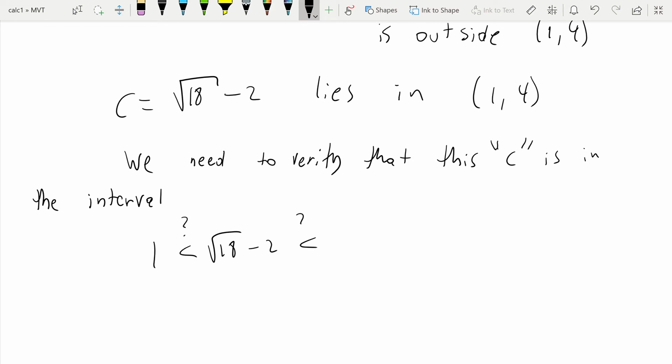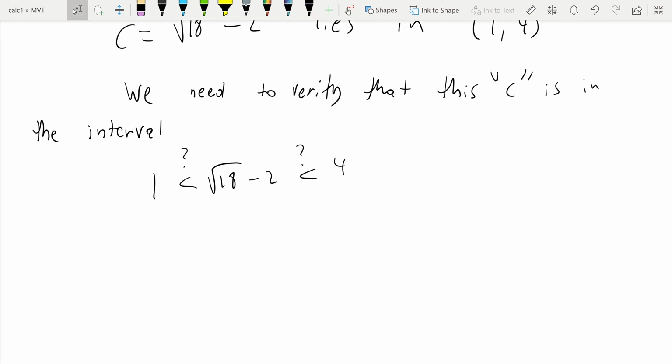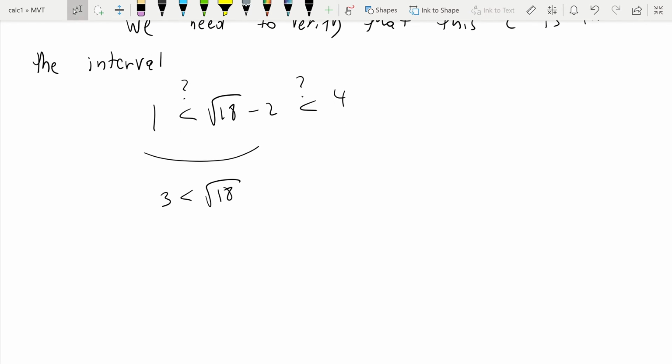And is it less than 4? Okay, for the first inequality, this is the same as asking if 3 is less than the square root of 18. Which is true because 3 squared is less than square root of 18 squared, which is 18.